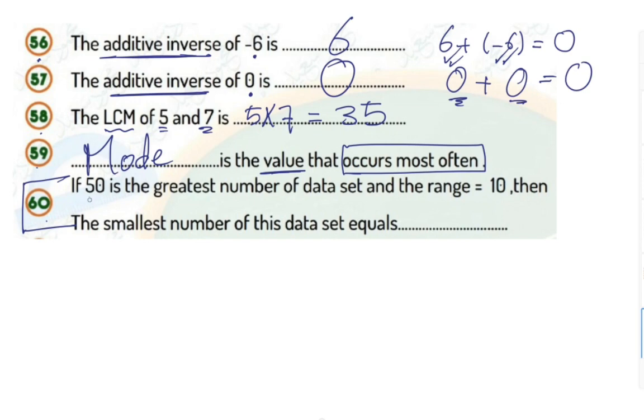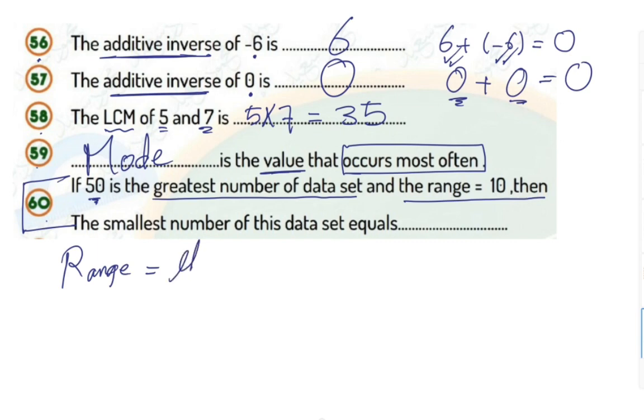Last point of complete. He said if 50 is the greatest number of a data set and the range is 10, you have two pieces of data now. The first information is that the greatest number is 50, and the next one, the range is 10. So let's remember the rule of the range.